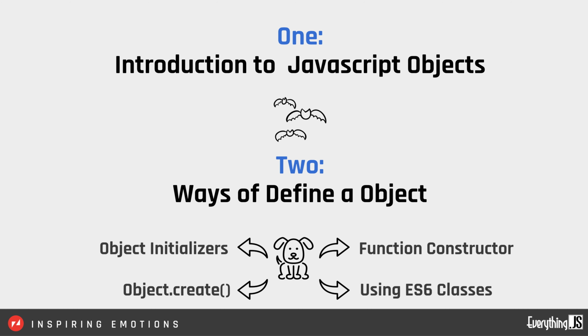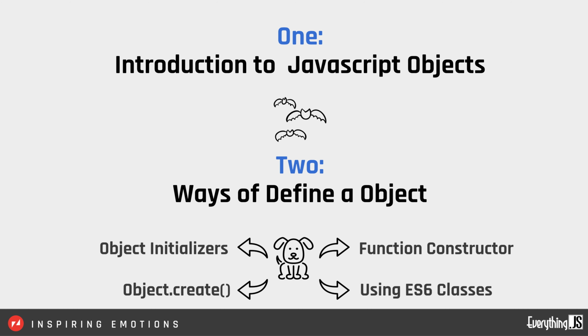There are 4 ways of defining an object. We can use object initializers. We can define an object by assigning a const or let keyword as a literal.